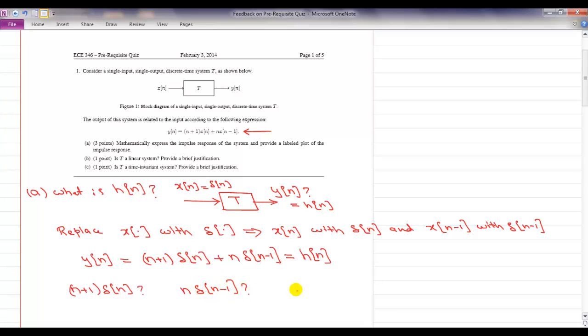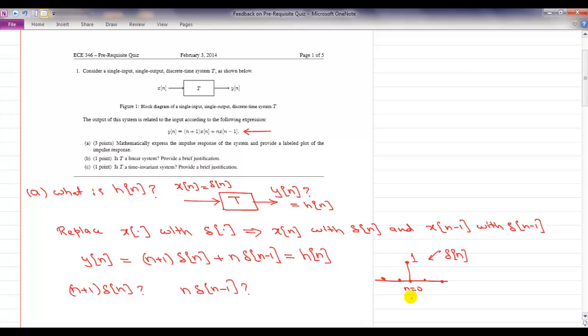Okay. So remember that delta of n is just value 1 at n equal to 0, and it's 0 everywhere else. So if I multiply this delta of n with n plus 1, I will get 0 everywhere except at n equal to 0.